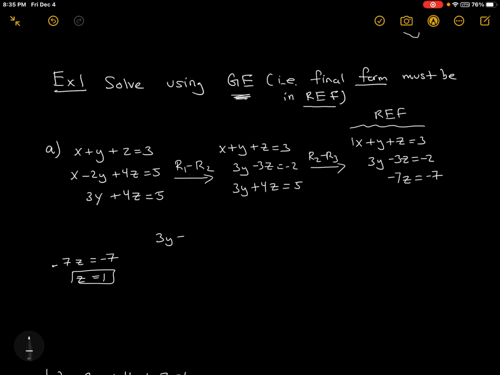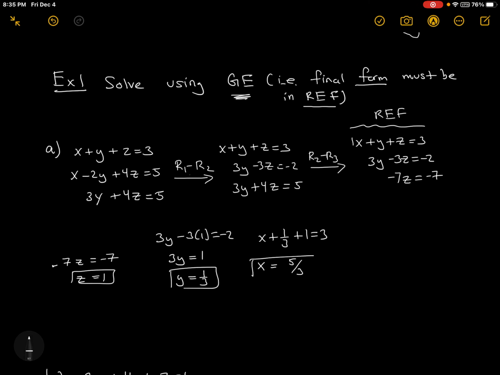So 3y minus 3 times 1 is equal to negative 2. So negative 2 plus 3 is 1. You're going to get y is equal to 1/3. And then you need to solve for x. X plus 1/3 plus 1 is equal to 3. If you solve, you're going to get 2 minus 2/3, which will give you 5/3.